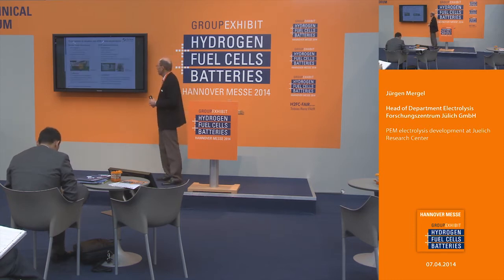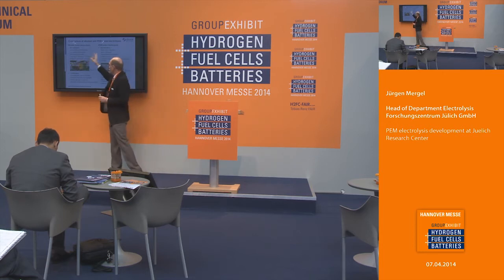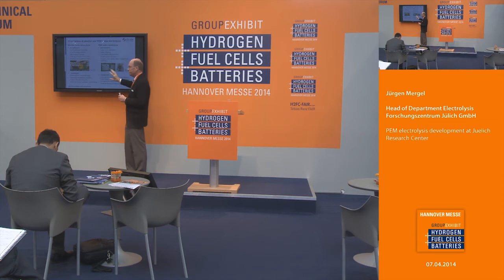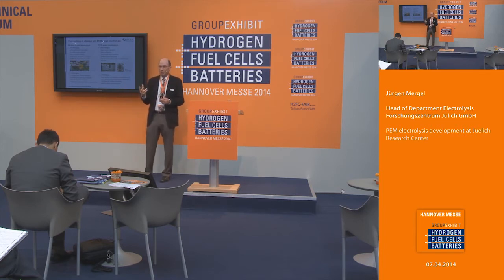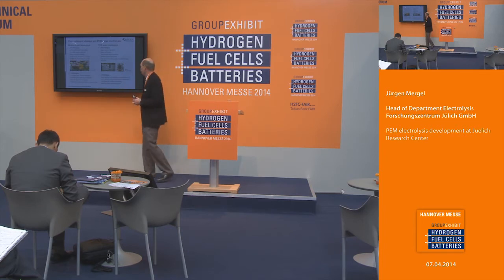So the advantages you can see here, but I will focus more on the challenges. Especially for the PEM, we must reduce the investment costs for the electrolyzer, for the stacks, and also for the whole system.